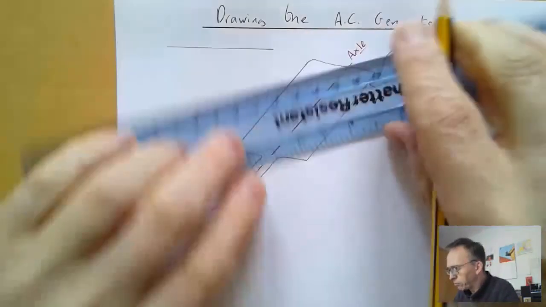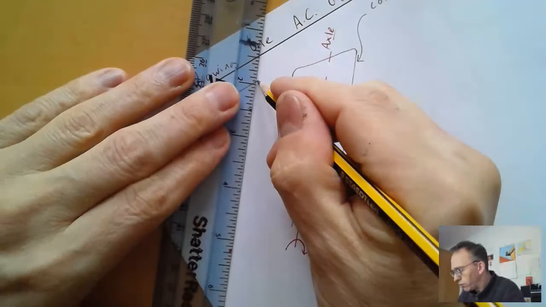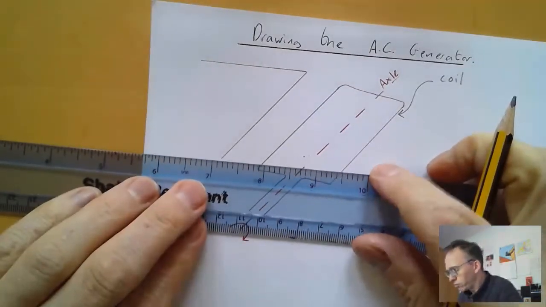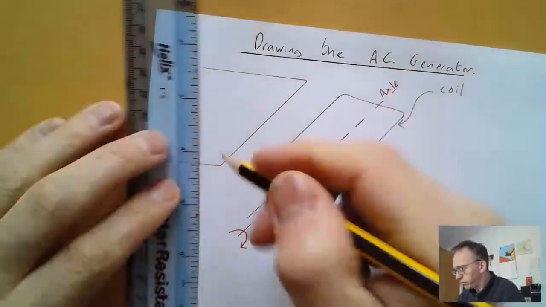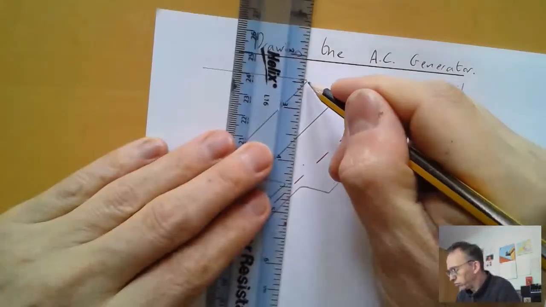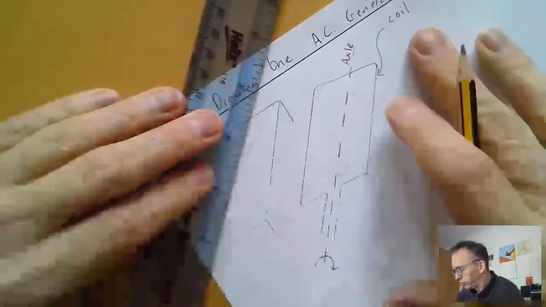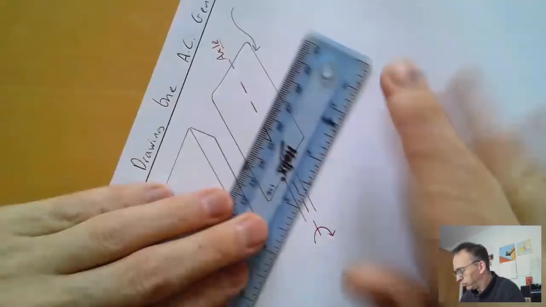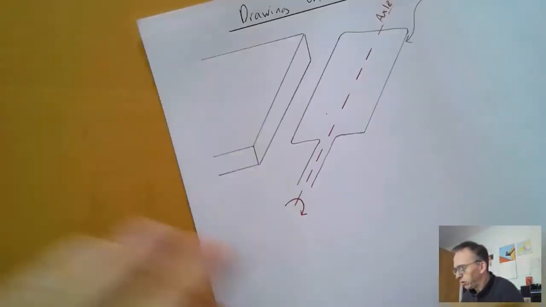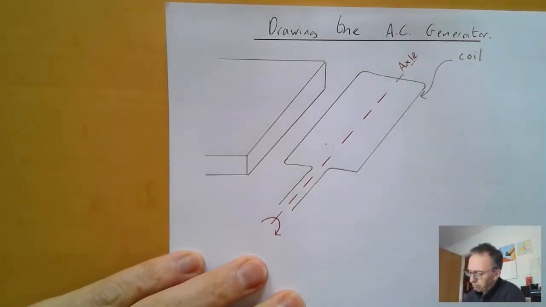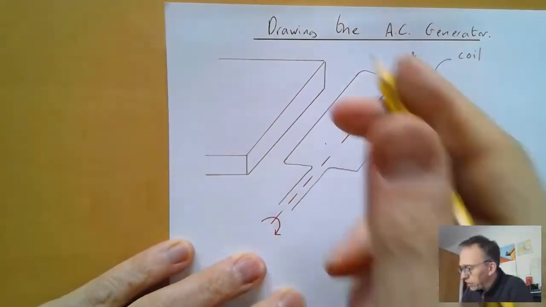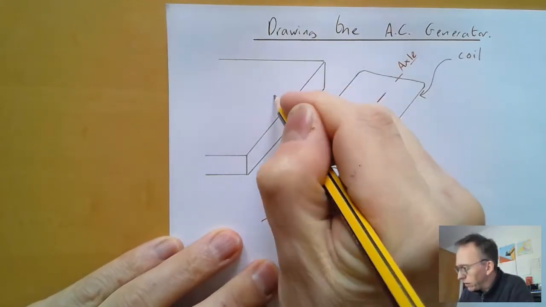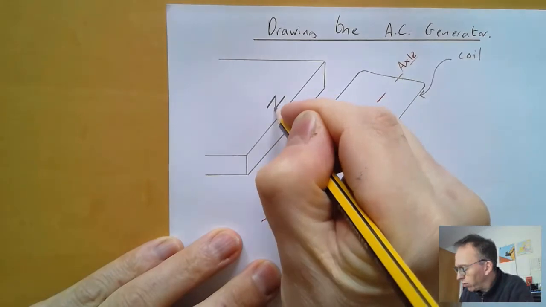Okay, not quite sure about the perspective, but that is supposed to be a permanent magnet, and this is the North Pole face of it.